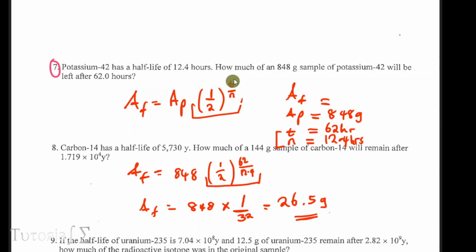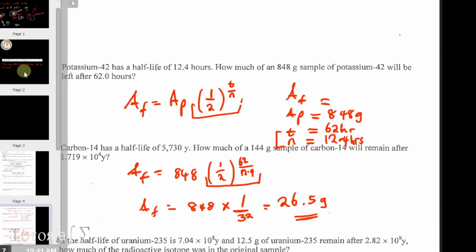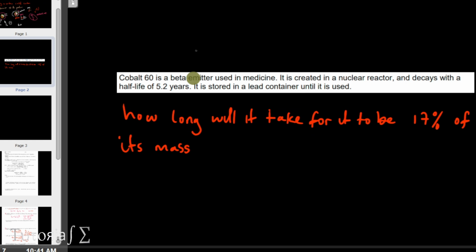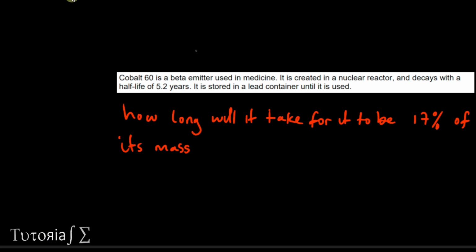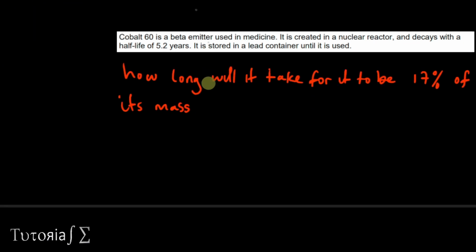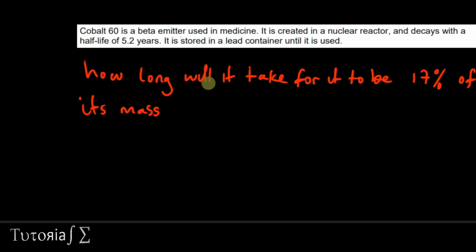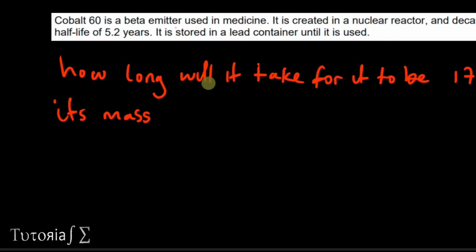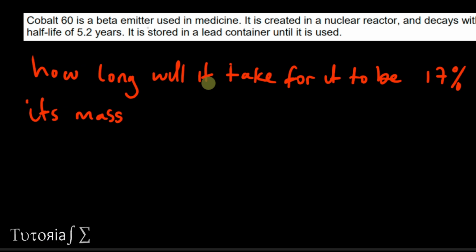Now let me put you to a test, to a question that I have here. Are you able to see the question? Can you read the question? Cobalt 60 is a beta emitter used in medicine.